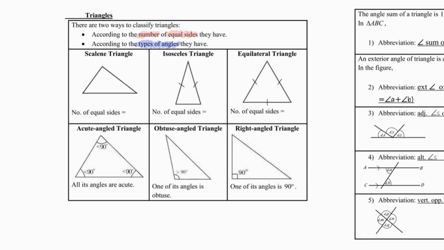For number of equal sides: scalene, 0; isosceles, 2; equilateral, 1, 2, 3.